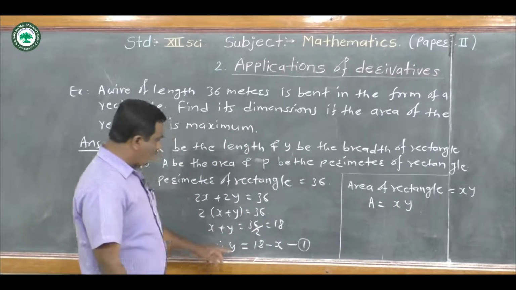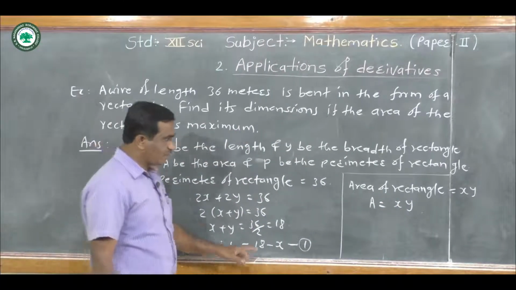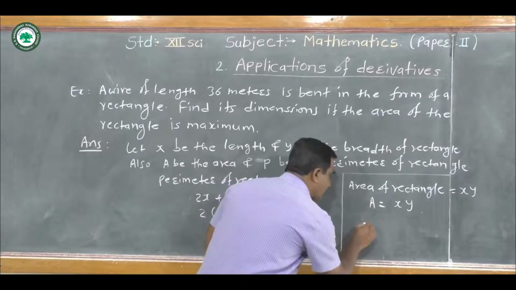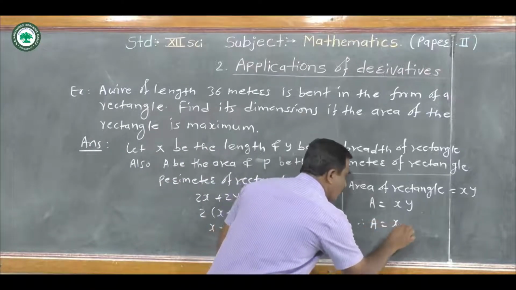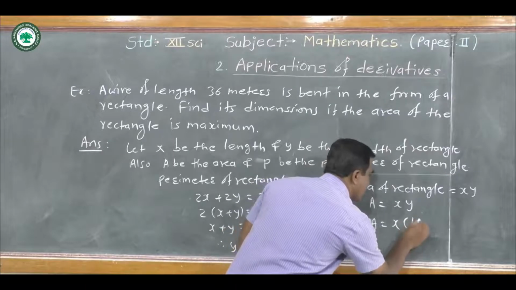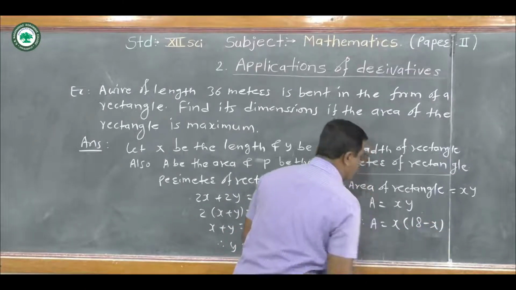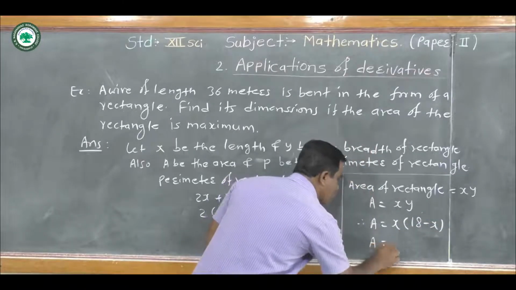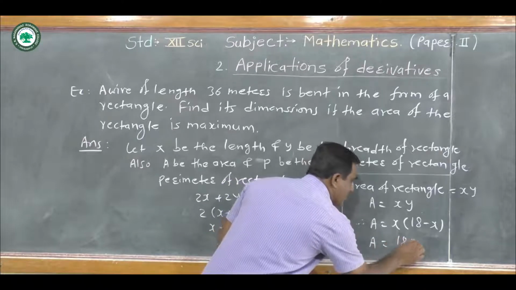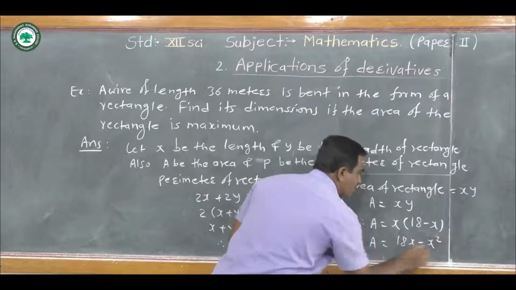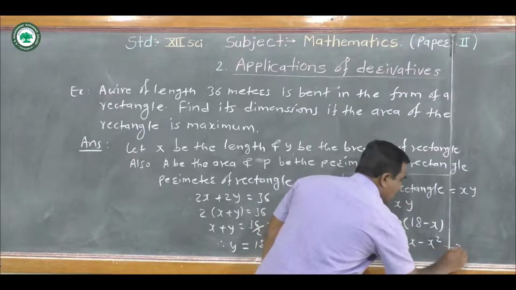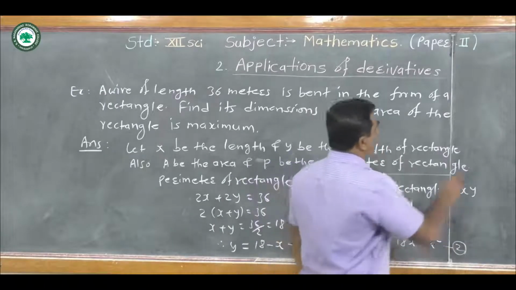Now put the value of y from equation first here. Therefore you can write A is equal to x into (18 minus x), that is A is equal to 18x minus x square. Say this as equation number 2.